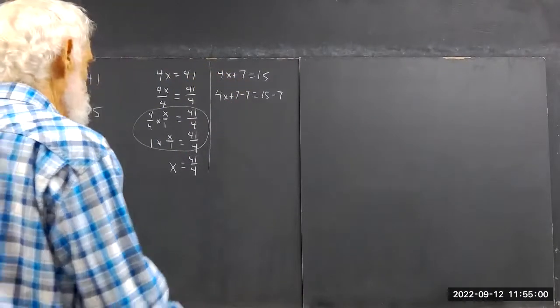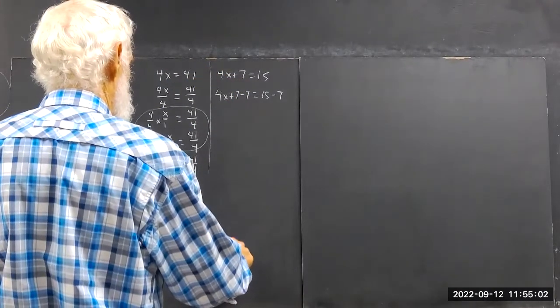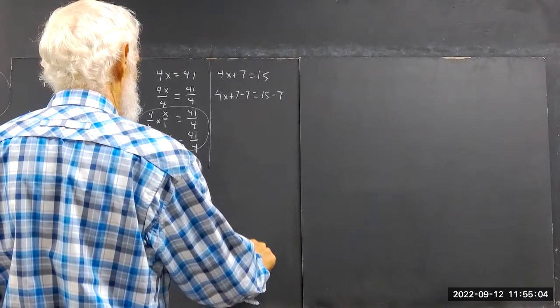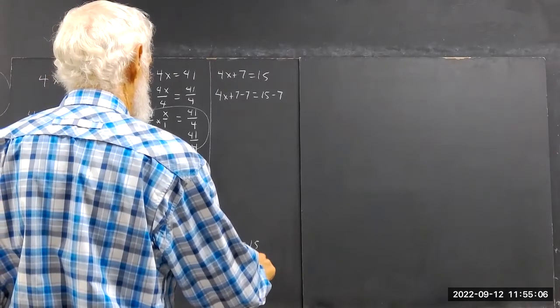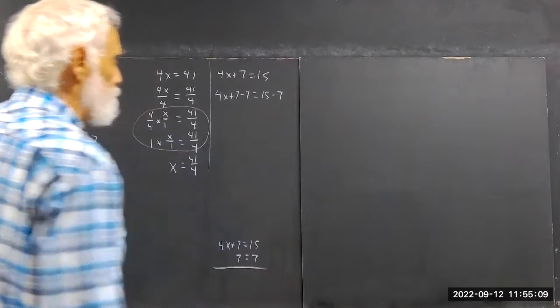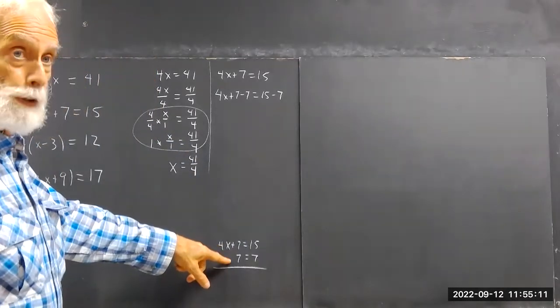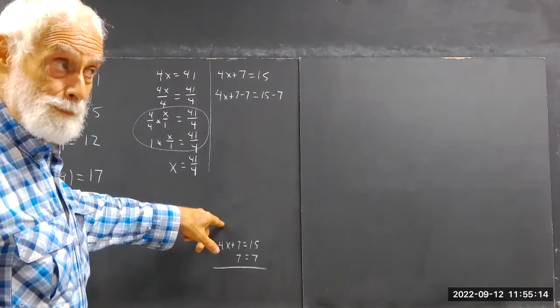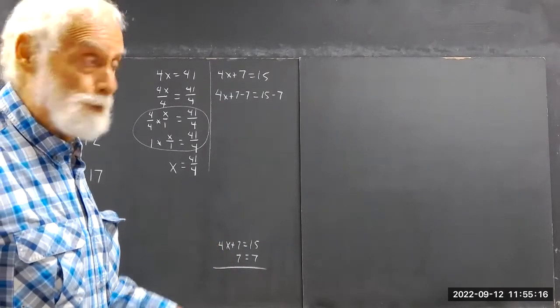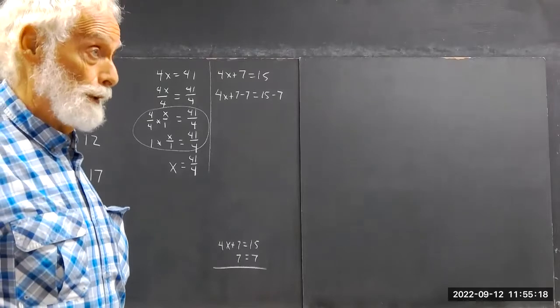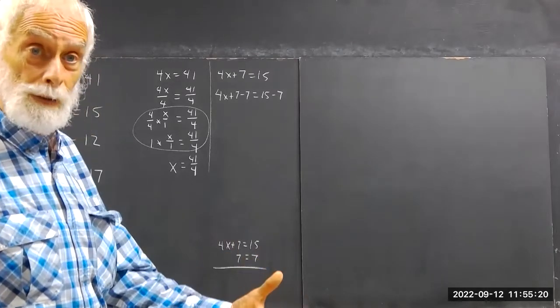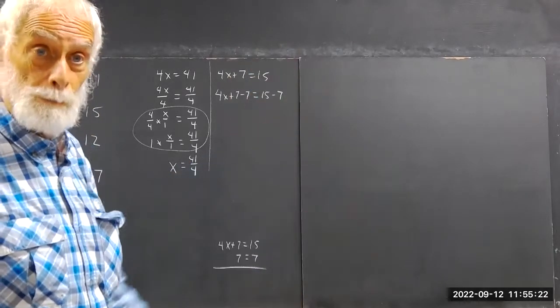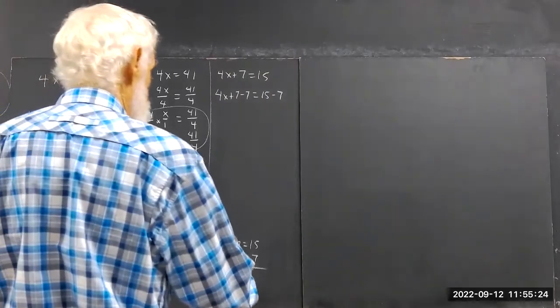So you would write something like this, where you're subtracting the equation 7 equals 7 from this equation. And that's valid. It just takes up more space, so I don't write them out that way. If you want to write them out that way, if you've got enough space, go ahead. As long as you got it right.